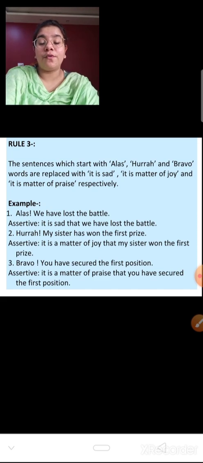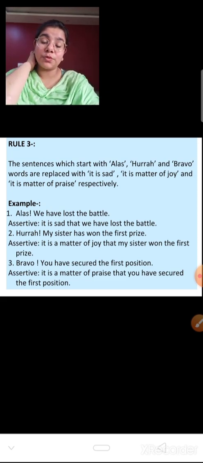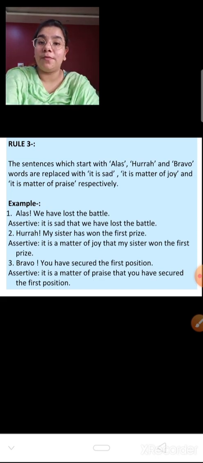For bravo you will write it is matter of praise. Again, in the second rule we read that oh, would, if, all these words will be replaced by only one word, that is I wish. So it becomes very easy to change the sentence by replacing the words with the group of words.